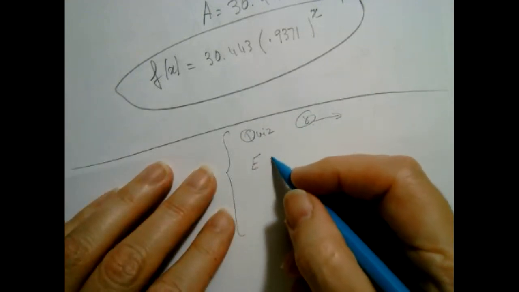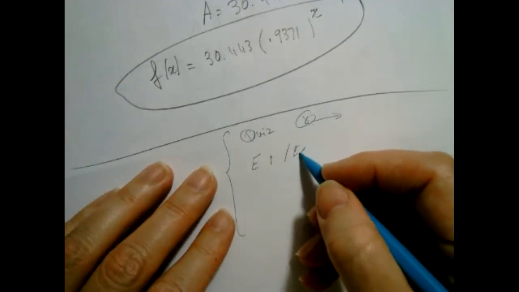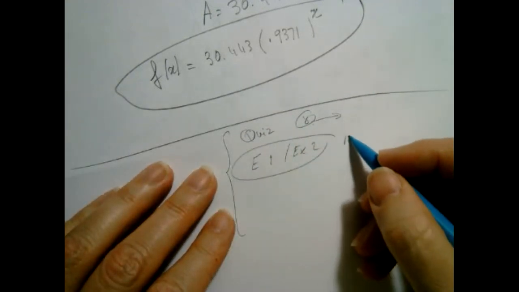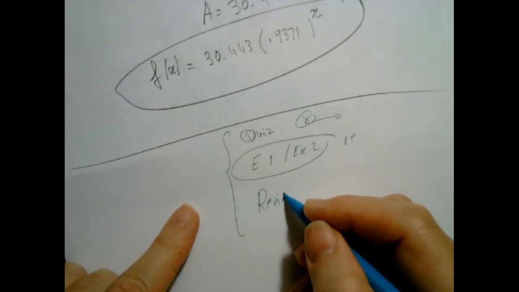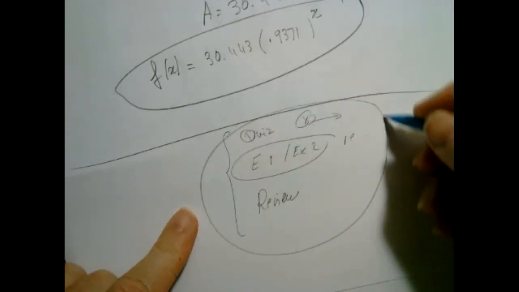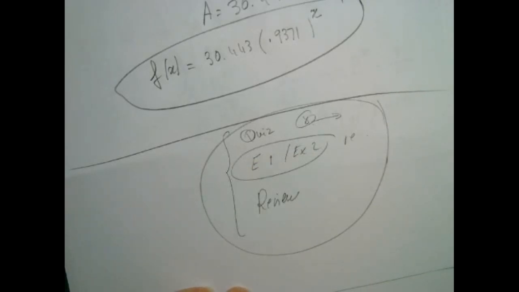Then do exam 1, exam 2, review them with the solution written, and then do the review. And if you do all this, you should be fine. If you don't, it's up to you. You will be back with somebody else next year. I don't think you want that.